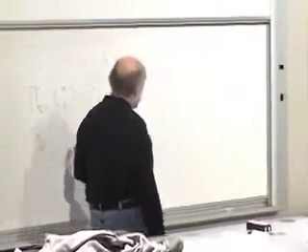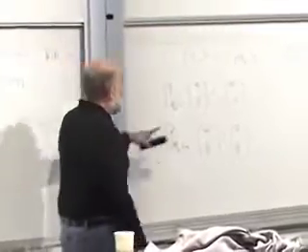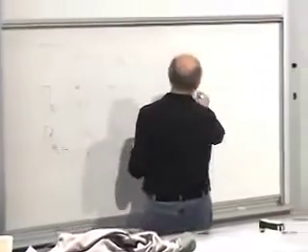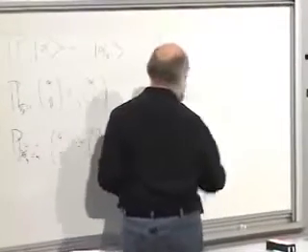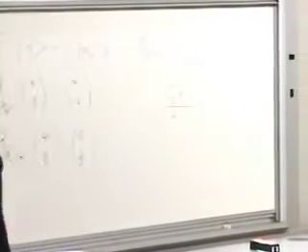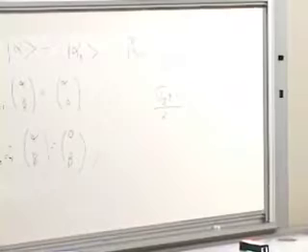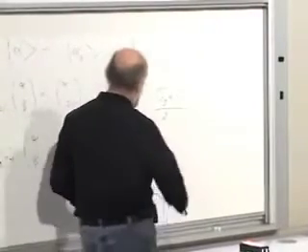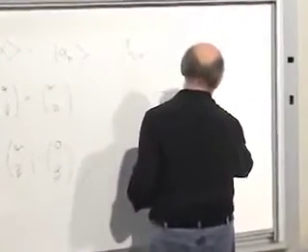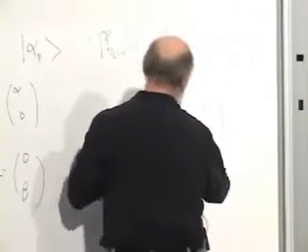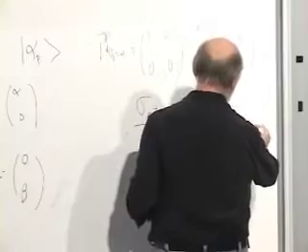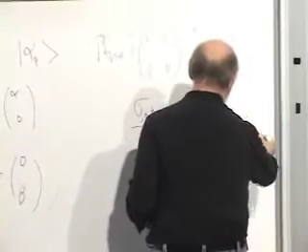There's another way to write it, which is going to be very efficient, and we're going to find it very, very useful to write this operator in the form sigma 3 plus 1 divided by 2. Let's check that. Sigma 3 is 1, minus 1, 0, 0, plus 1, which is 1, 1, 0, 0.